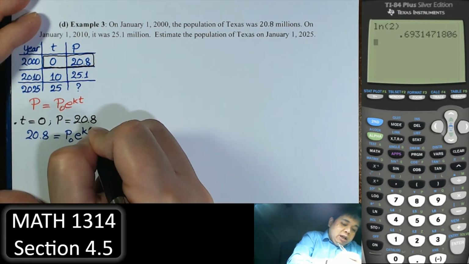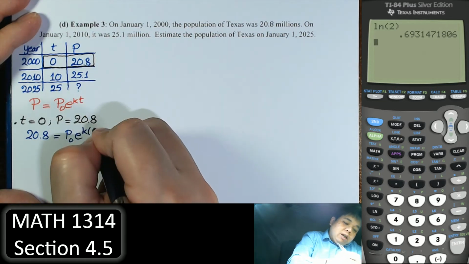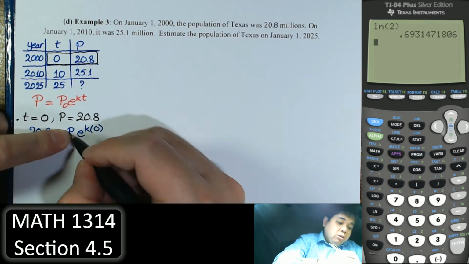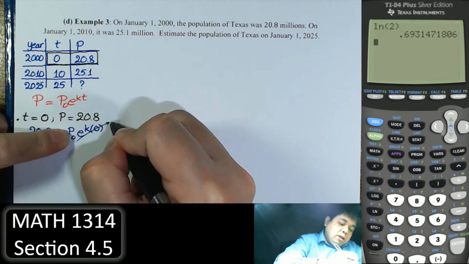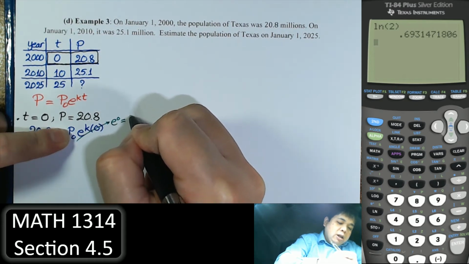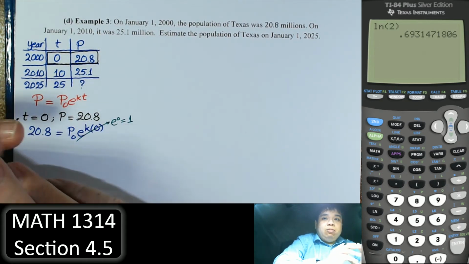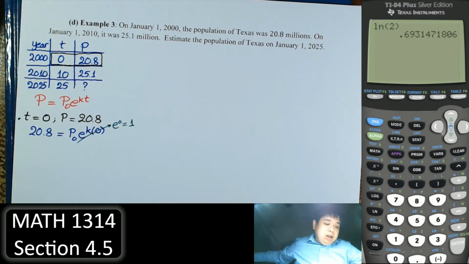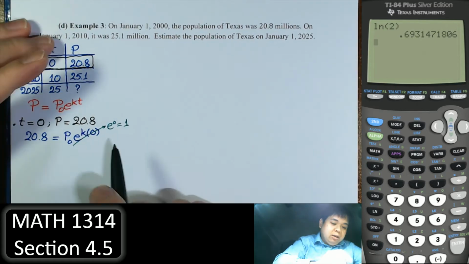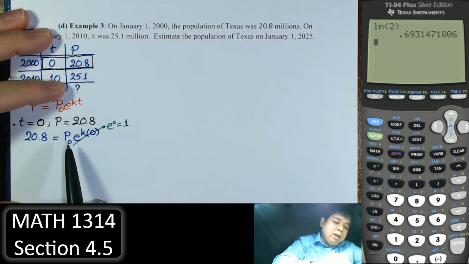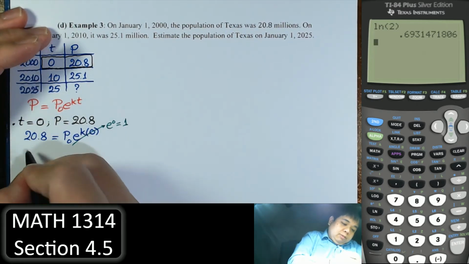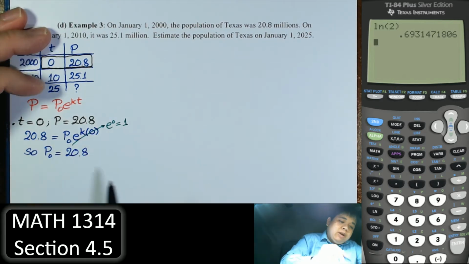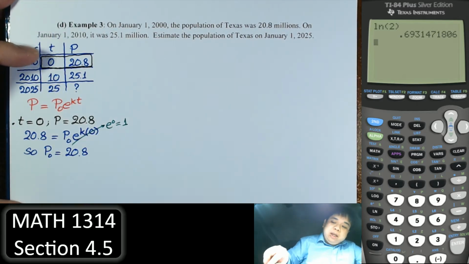We don't know k, but we do know the time is 0. Now k times 0 is still 0, so e to the 0 power is 1. Anything to the 0 power is 1. So we have P naught is equal to 20.8. That first set of data gives us P naught is 20.8.